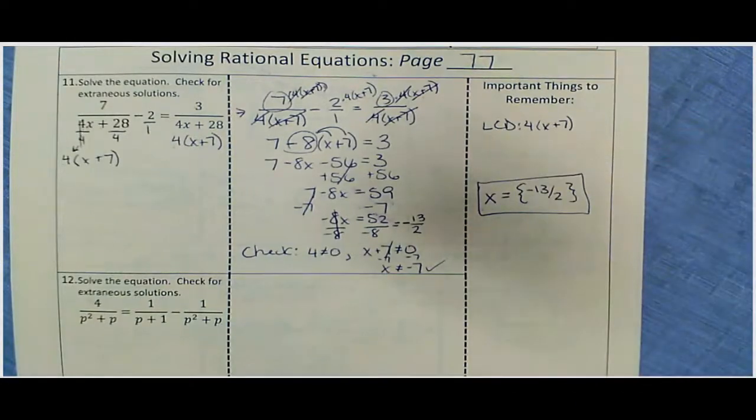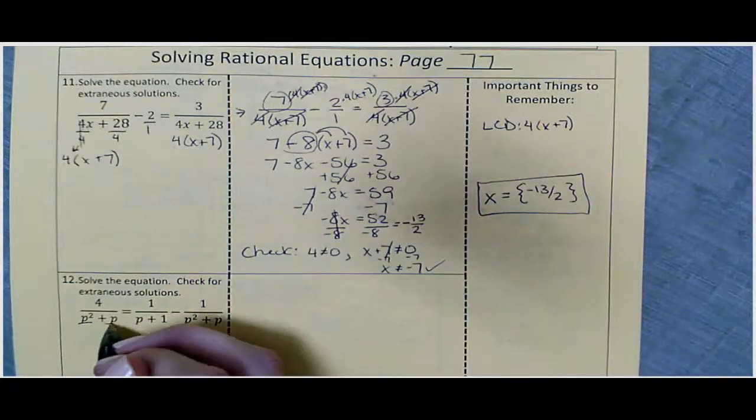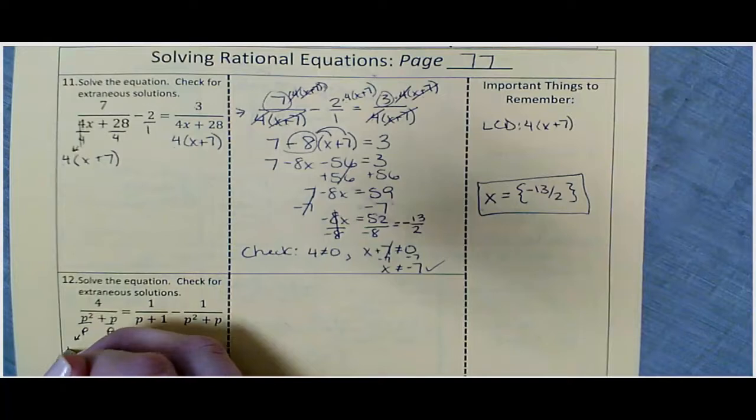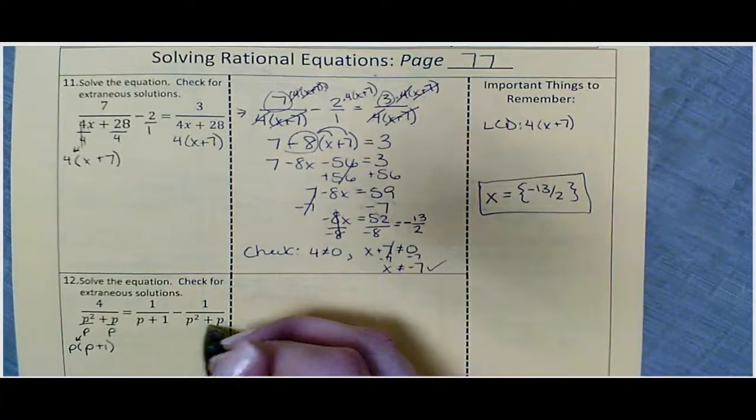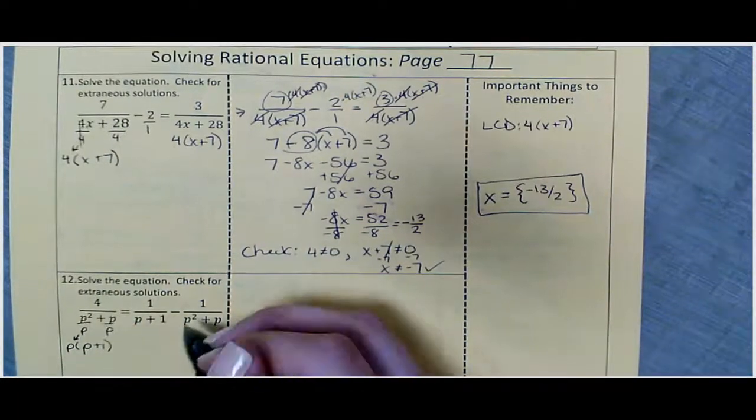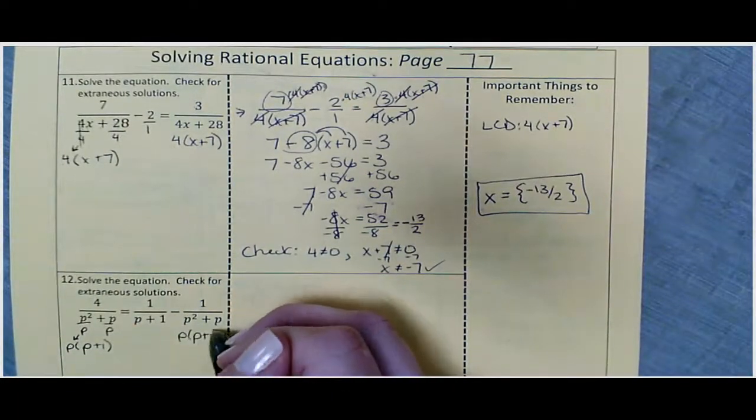And the last one, same steps. I need to factor if I can. So I notice that I can take out p's here. So p is left, plus 1. I've got a p plus 1 here, and then this was identical to this denominator, so this is also p times p plus 1.